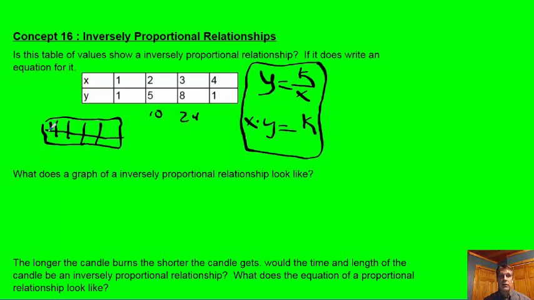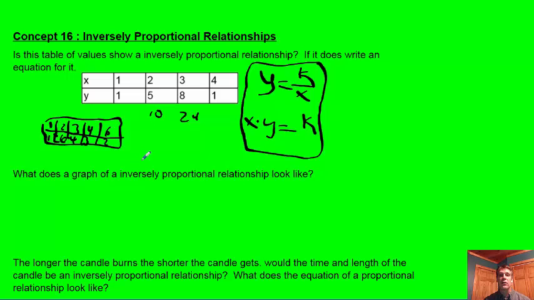So I could say 1 and 12, 2 and 6, 3 and 4, multiply to 12, 4 and 3, I can flip it, and let's go to 6 and 2. So all of these multiply to 12. If I take x times y, they'll all multiply to 12.